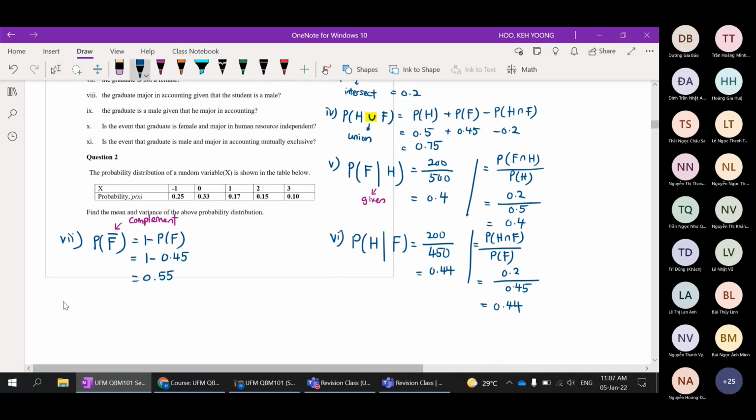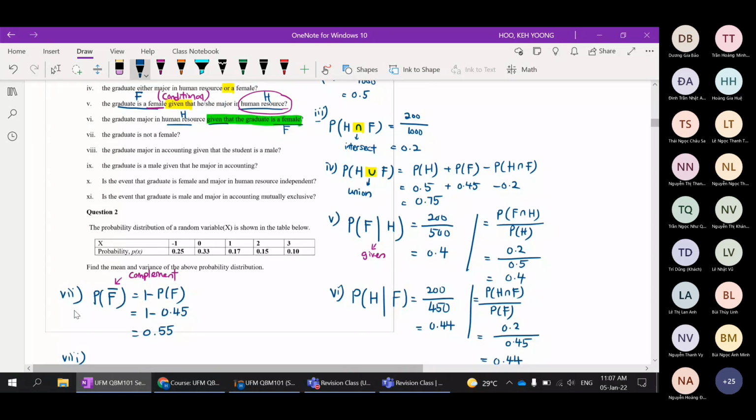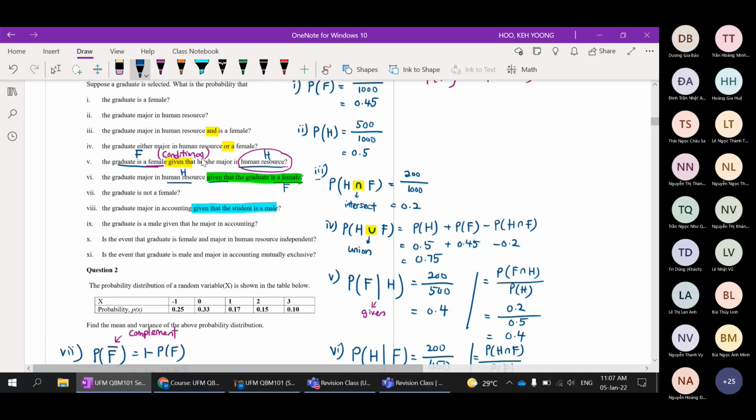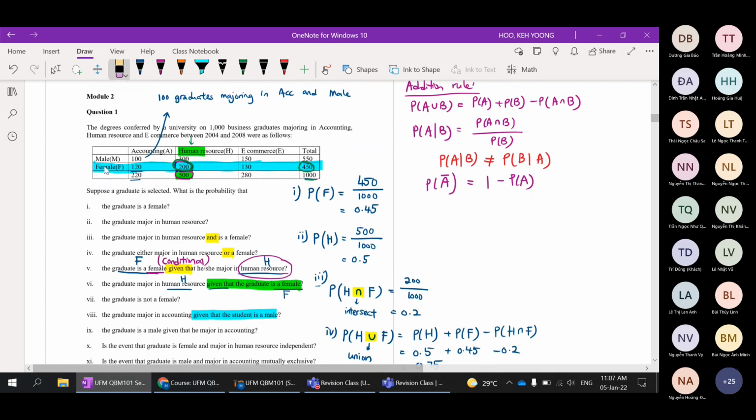Okay, next question. The graduate majors in accounting given that the student is male. So what is the given event here? The given event is the student is male. If you look at the table, let's clear this.